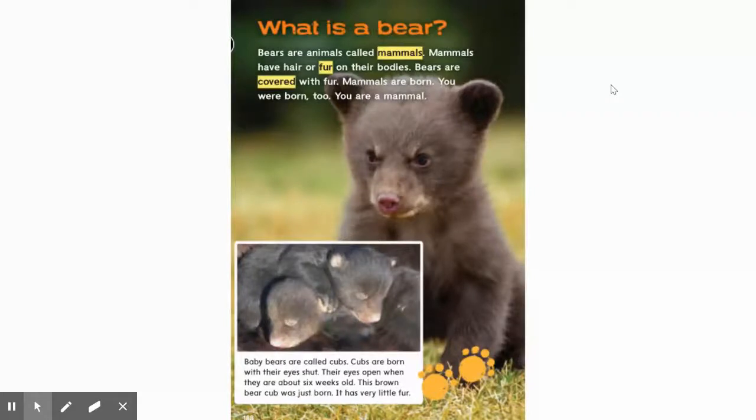So all bears are mammals, and baby bears are called cubs. Now, second graders, is this a fact or piece of information that is about bears and baby bears? Yes, it is. So since this is a detail about our main topic, we can include it in our graphic organizer.